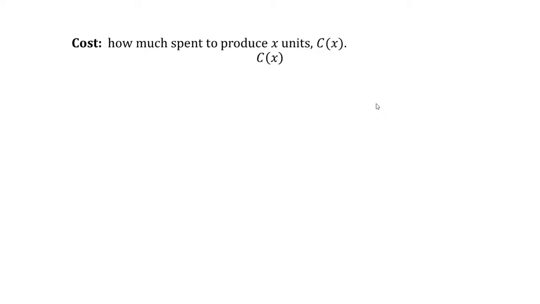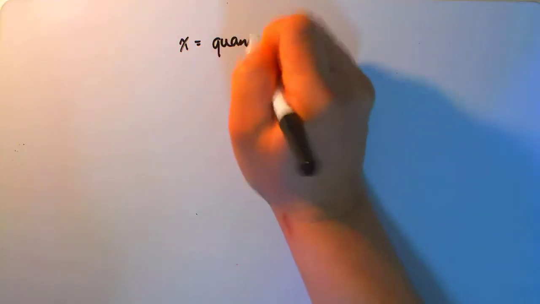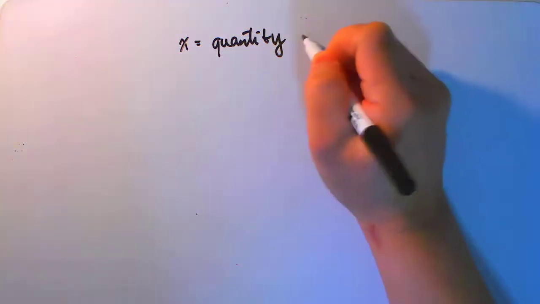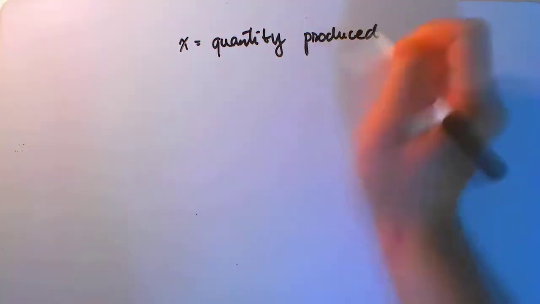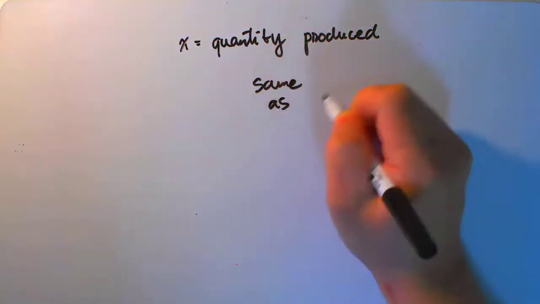Think about the whole point of producing these quantities: once they are produced, they will be sold away. So usually in business, X represents a quantity, but people also see this as the quantity being produced and the same as the quantity being sold.